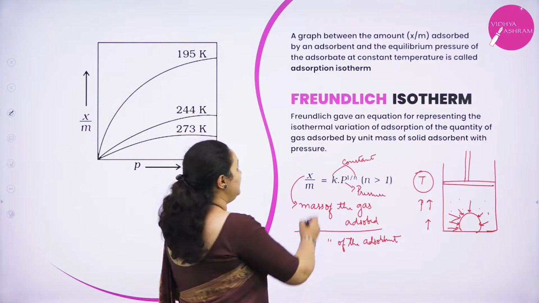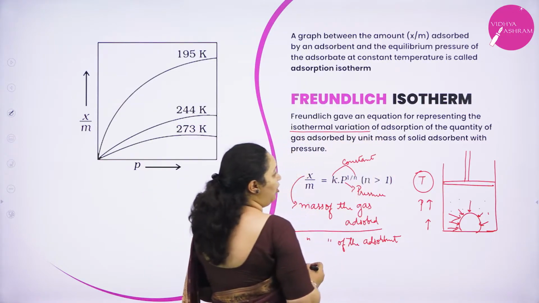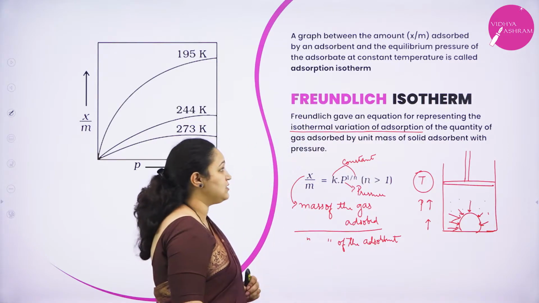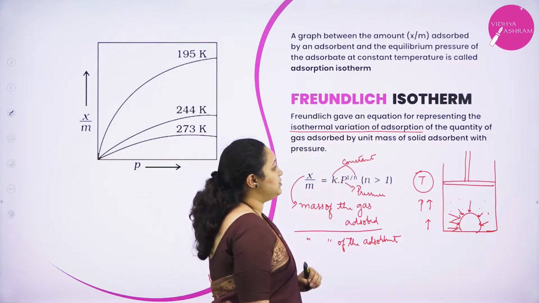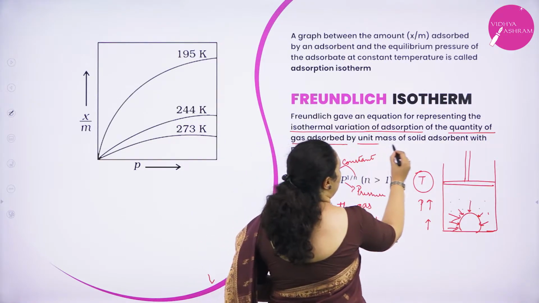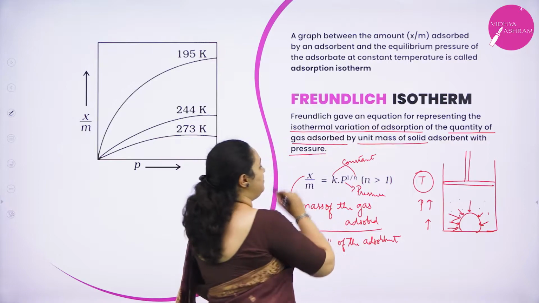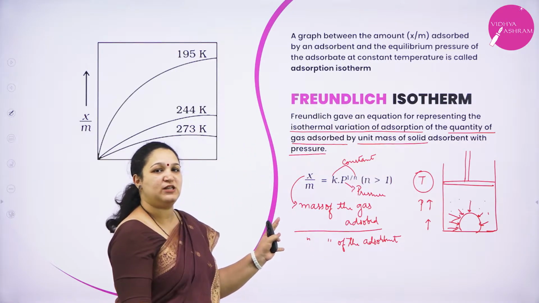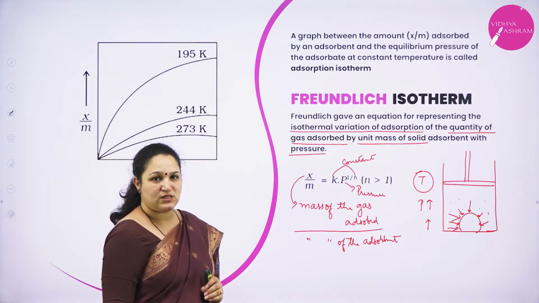What does it represent? Isothermal variation of adsorption of quantity of gas adsorbed by unit mass of a solid with pressure. Isothermal means temperature is kept constant. So he has taken the variation of extent of adsorption with the pressure, keeping the temperature constant.